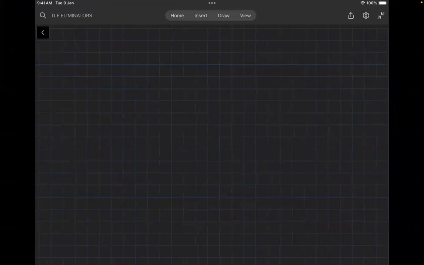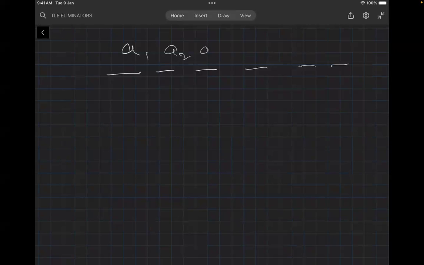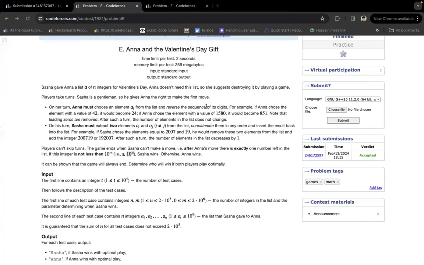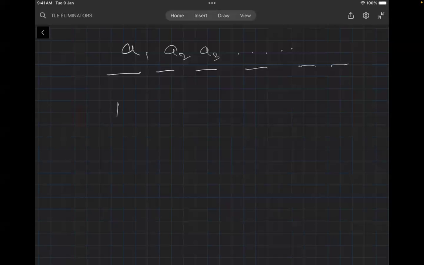So what does the problem state? There is an array of elements, A1, A2, A3, and so on and so forth. Anna and Sasha play a game. Anna starts first and then followed by Sasha. And the game continues till there is exactly one element in the array. It stops, right?